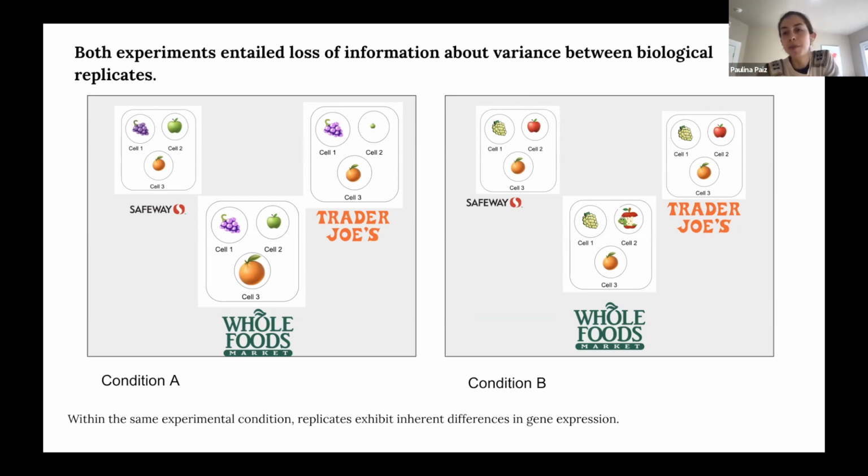So for example, I put here a rotten apple, or you might like some oranges from Trader Joe's better than the ones from Safeway. And in the article, they just say that within the same experimental condition, replicates exhibit inherent differences in gene expression. So only focusing on condition A, even though they're biological replicates, there can be differences between them.